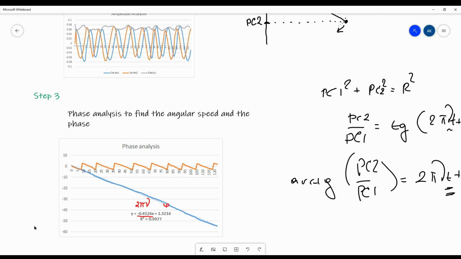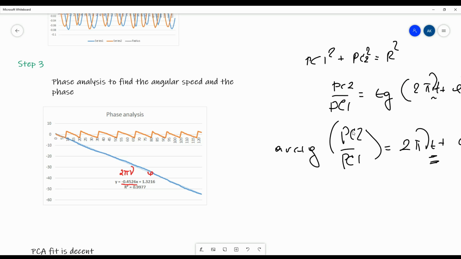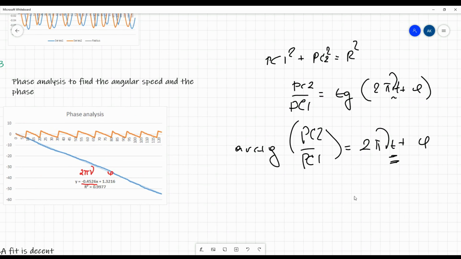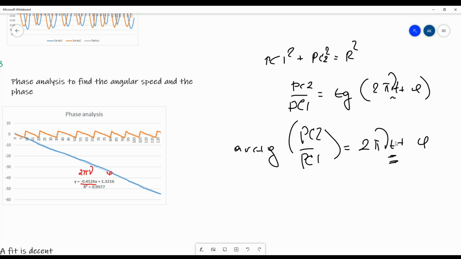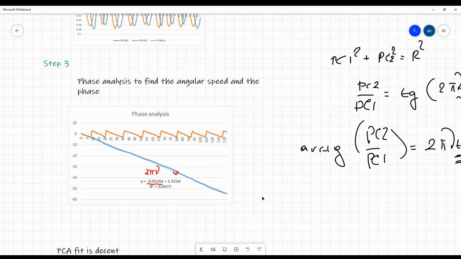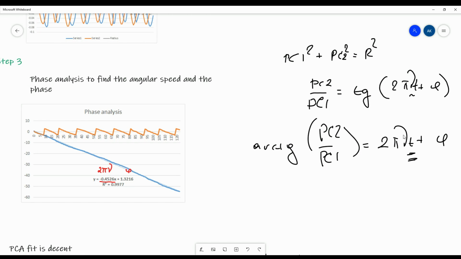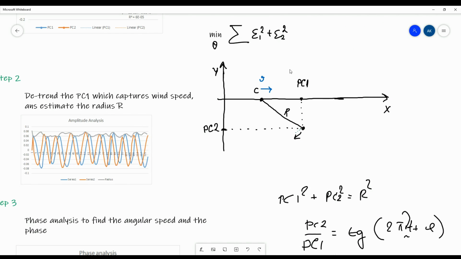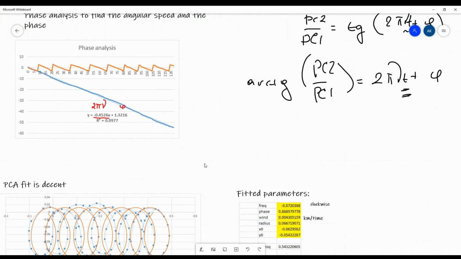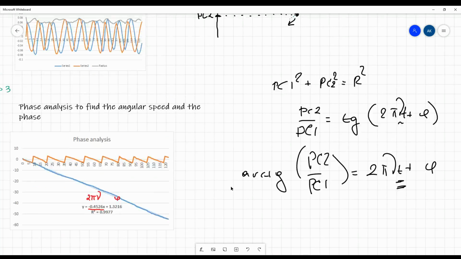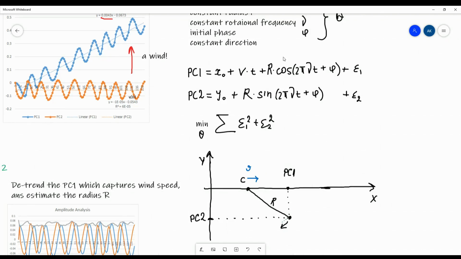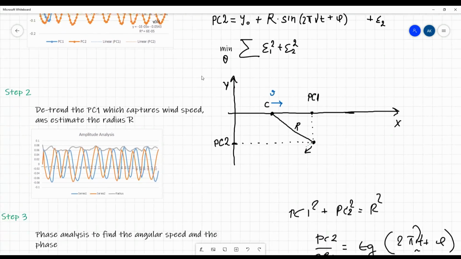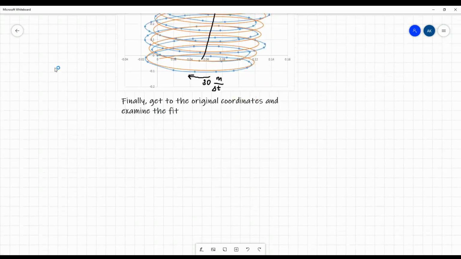So we got the ratio of PC2 over PC1, we got the arctangent of it, and we were saying that if we fit the linear regression over time, then that should give us the frequency of the rotation of this paraglider, right? And also the phase in the equations of the paraglider which we came up with. And interestingly, we got exactly that, right?